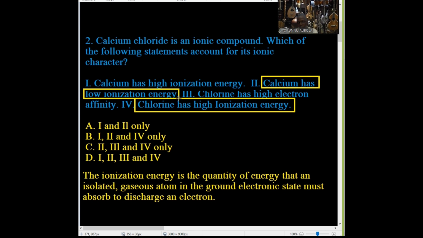Yes, sir, because it has smaller valency electrons in comparison with chlorine. But this one says chlorine has high electron affinity. Now that will lead us to the next point. What is electron affinity?